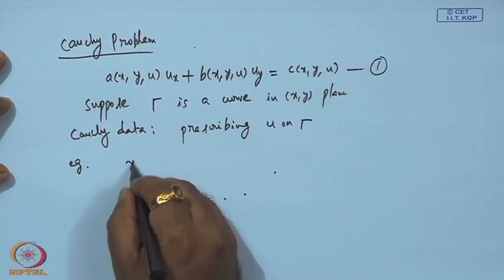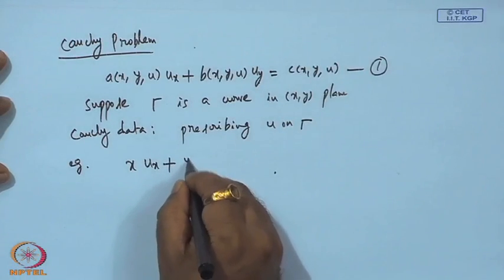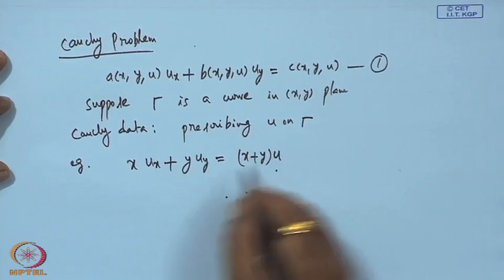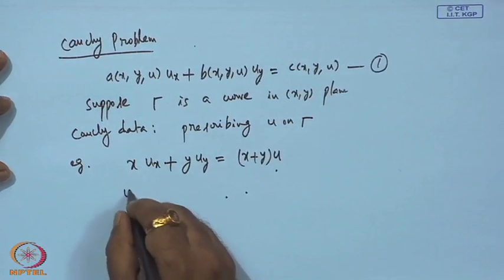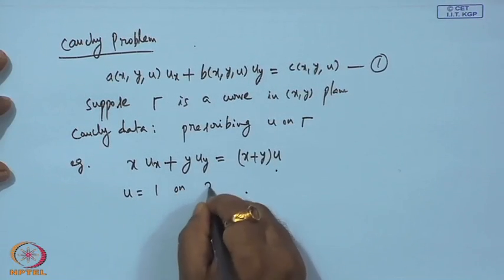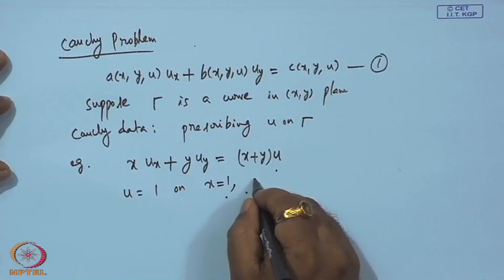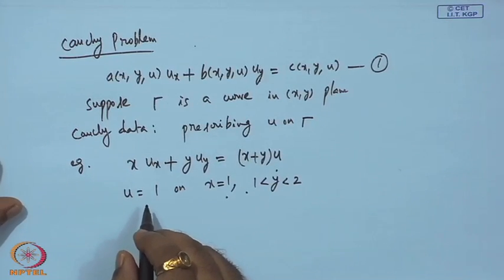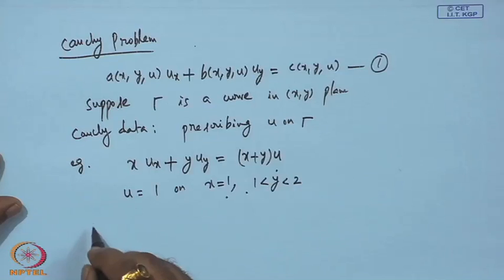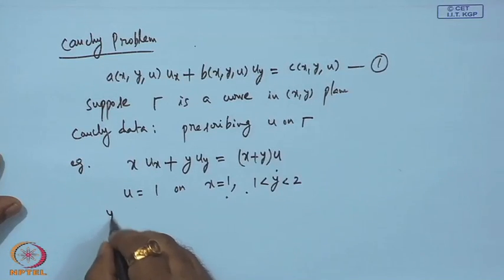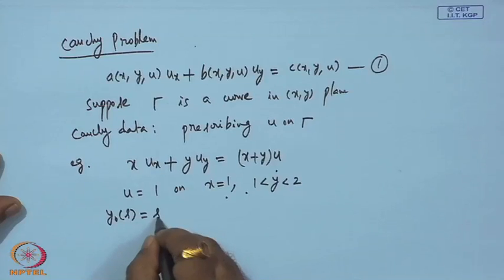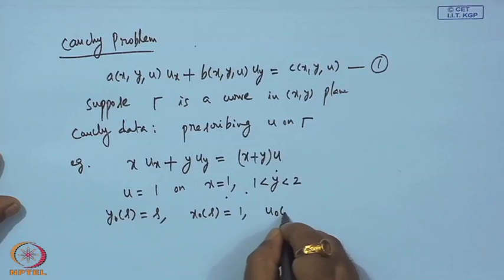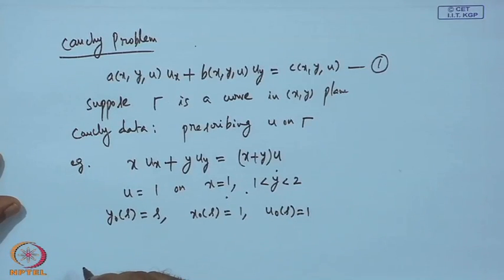So, for example, u is 1 on x equals 1. So that means in parametric notation, say y 0 of s is s, x 0 of s is 1, u 0 of s is 1.